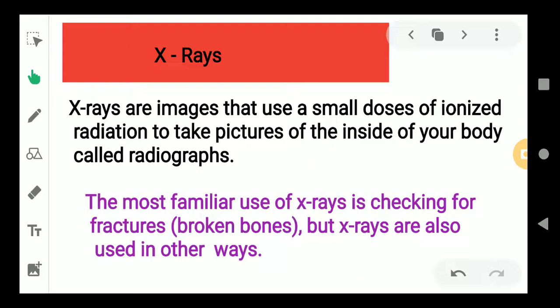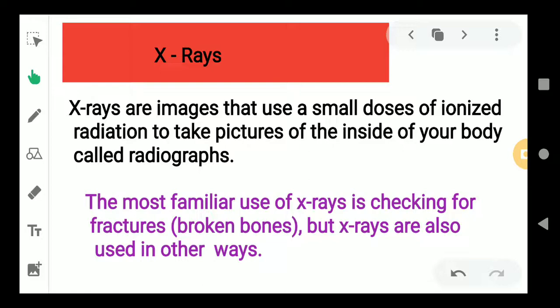That means to take the photograph of the bones. The most familiar use of X-rays is checking for fractures, that means broken bones. But X-rays are also used in other ways.